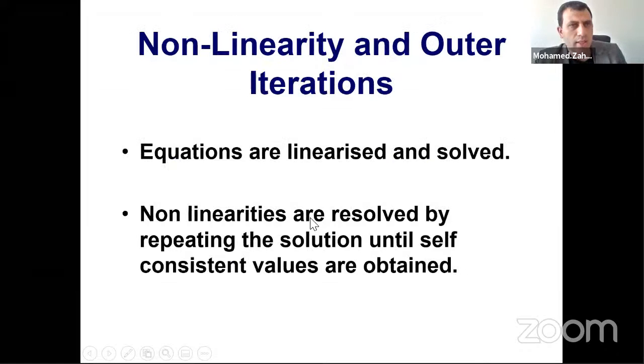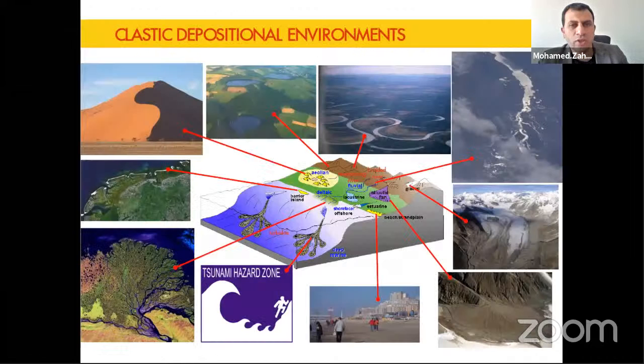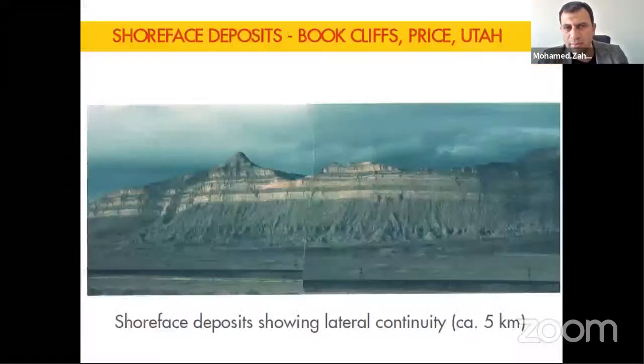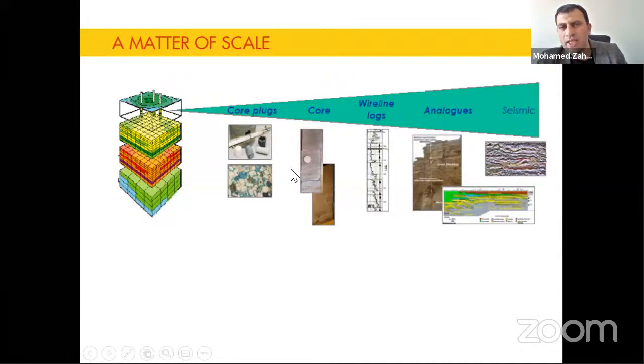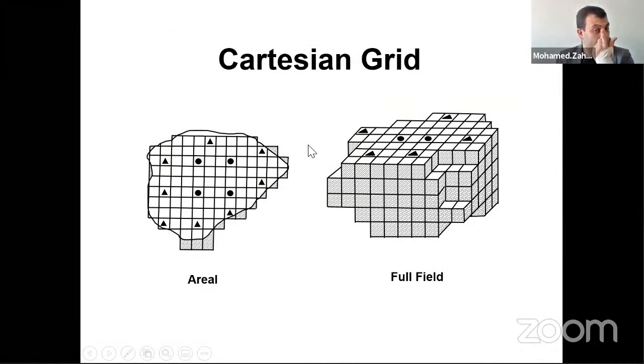Then, if we are going to solve this equation now, sorry, I will skip those slides and I'll get back to them to tell you what I mean by grids.